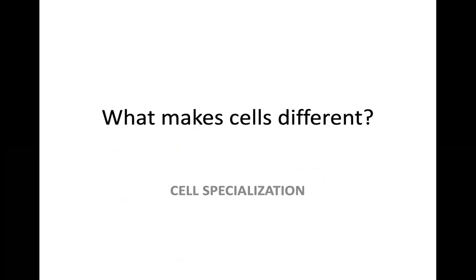What makes cells different is how they specialize. And when we talk about cell specialization, we're going to talk about how they look different, but they all have different what? They look different, but that means they have a different function. Yeah.